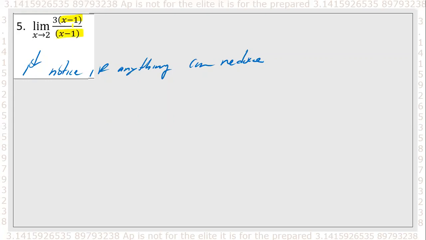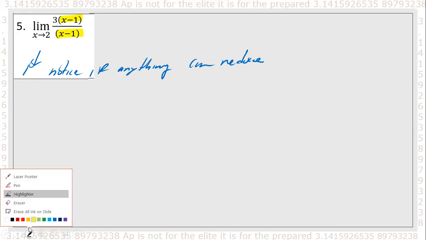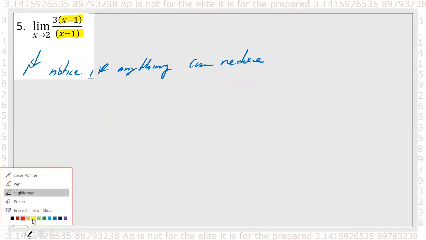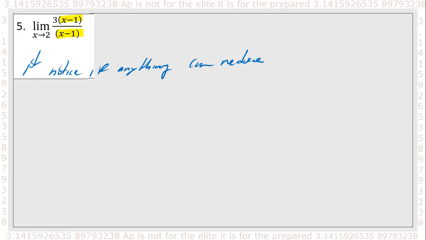The x minus 1 can cancel. This x minus 1 and that x minus 1 on the top tell you that there's a hole in the function, but it also tells us that I can get rid of this right here. So all I'm left with is the limit as x goes to 2 of the function 3. So what is my answer here? Yep, the answer is 3.